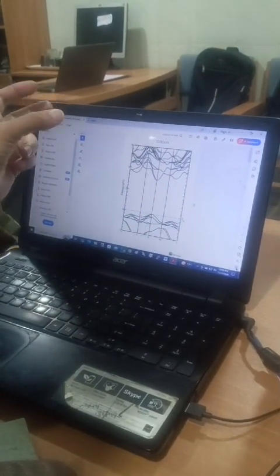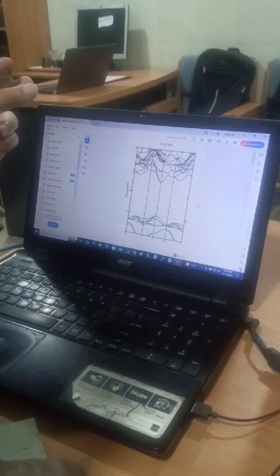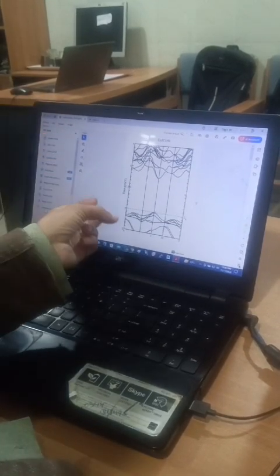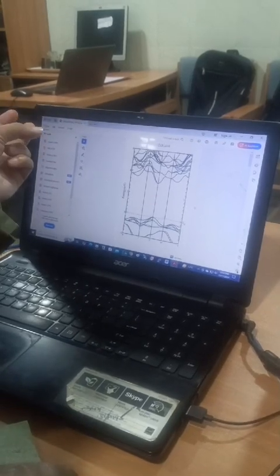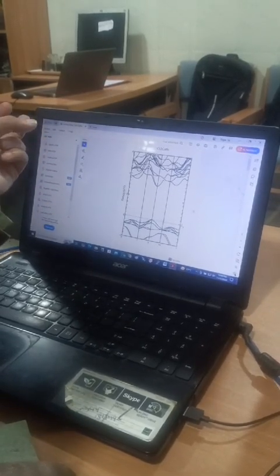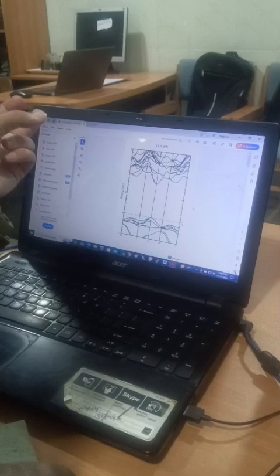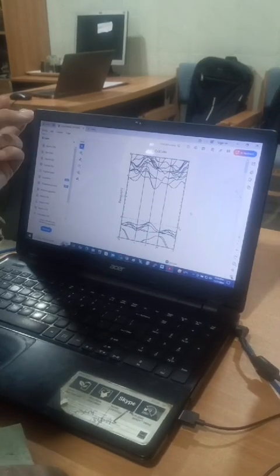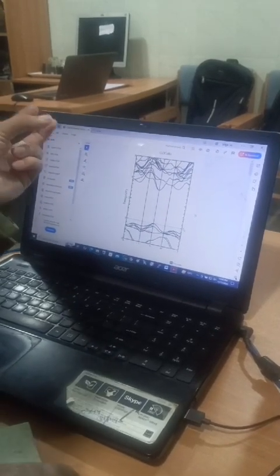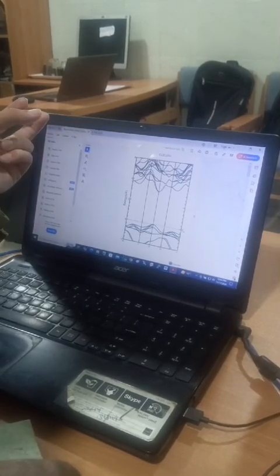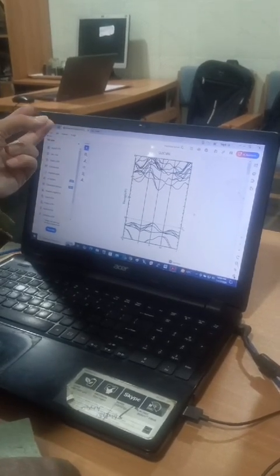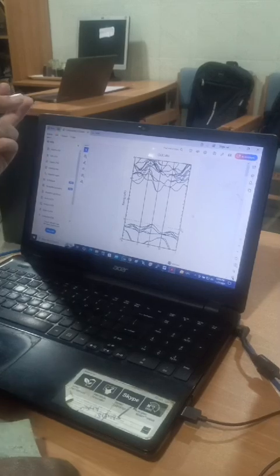So we can say that the band structure is the relation between the symmetry points lying in the Brillouin zone and the energy of the electrons present in your material. It is the profile which shows the energy of the electrons in electron volts and the symmetry points lying in the Brillouin zone.